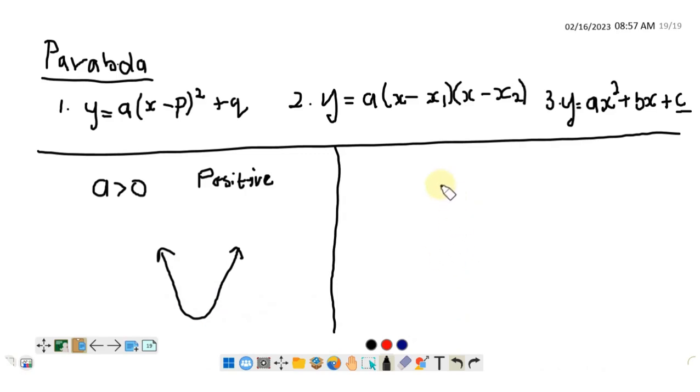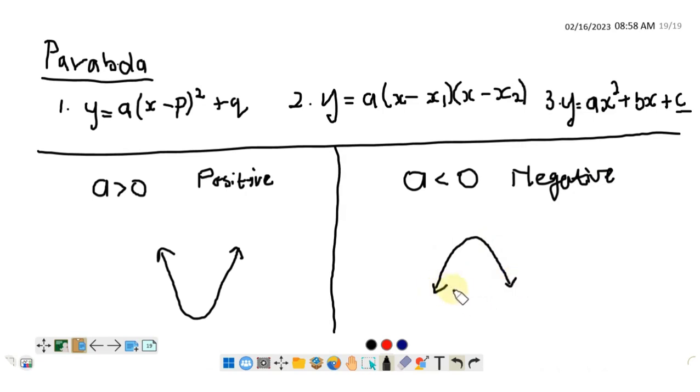And if a is less than 0, meaning it's negative, then the sad face. The graph is sad, it's down. Alright, guys. So if you see the value of a being positive, automatically you know the graph is going to look up; negative, it's going to look down.